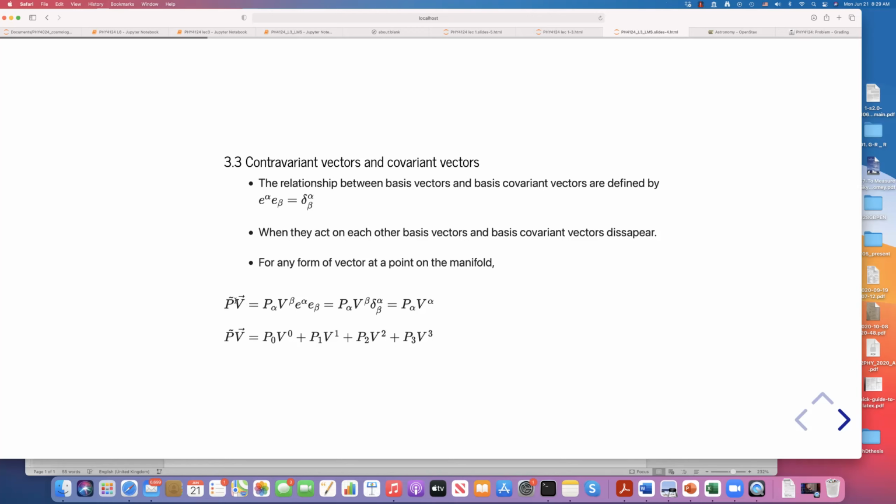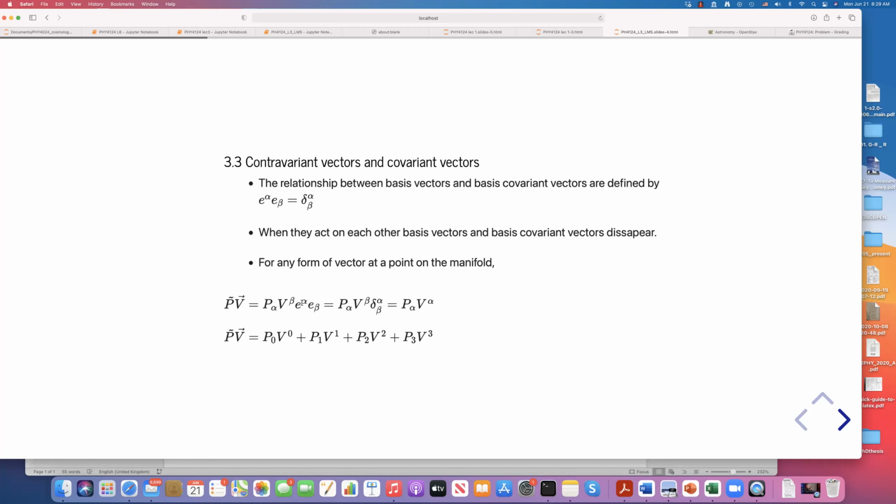Let's say you have the covariant vector as P alpha E alpha, and your contravariant vector is V beta E beta. When you multiply those two, you write the components separately, P alpha, V beta, and then you have the basis vectors E alpha and E beta right here at the end.